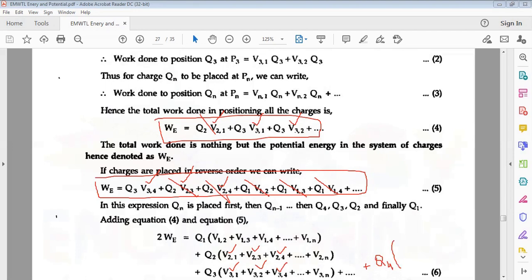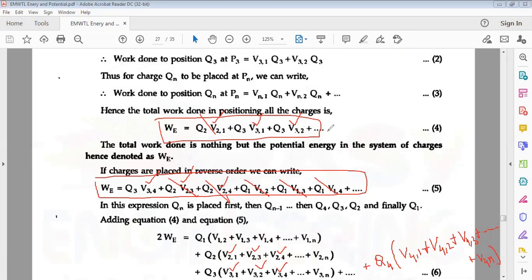What is the potential we get here? V41 plus V42 plus V43 plus, and so on, up to V4N. Got it, my students?